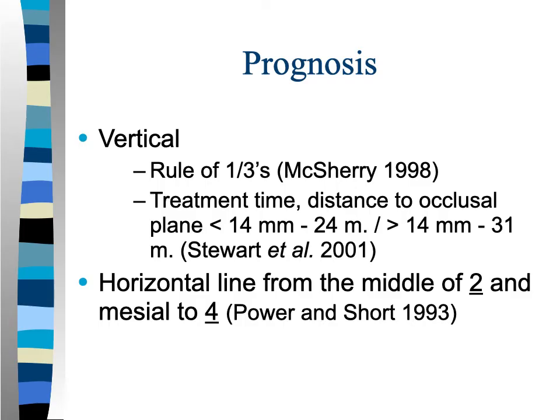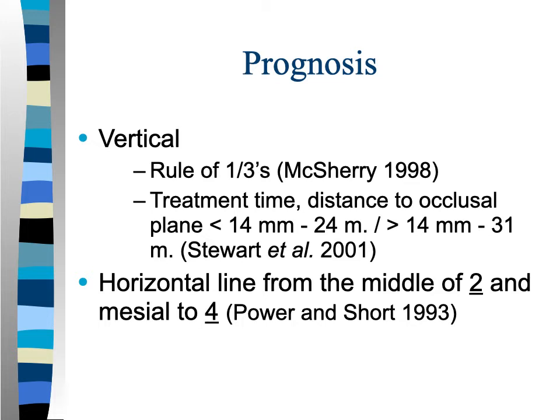There are other factors that we look at in prognosis. One is vertical, and there's the rule of thirds, which was introduced by McCherry in '98. Basically, what the rule of thirds says is that you divide the root of the adjacent lateral incisor, or central if the lateral is missing, into thirds.